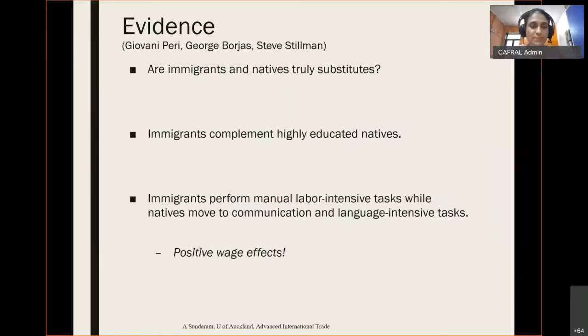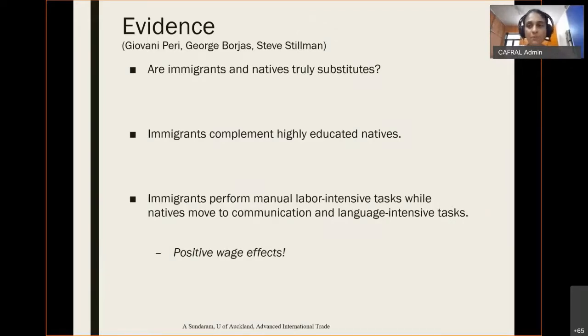Why? Giovanni's point is that immigrants and natives are not truly substitutes, because immigrants end up complementing highly educated native workers. Immigrants do perform jobs that are very different from native jobs. Immigrants perform a lot more of the manual labor-intensive tasks in the US. Native-born workers do a lot more of the language-intensive and communication-intensive tasks.